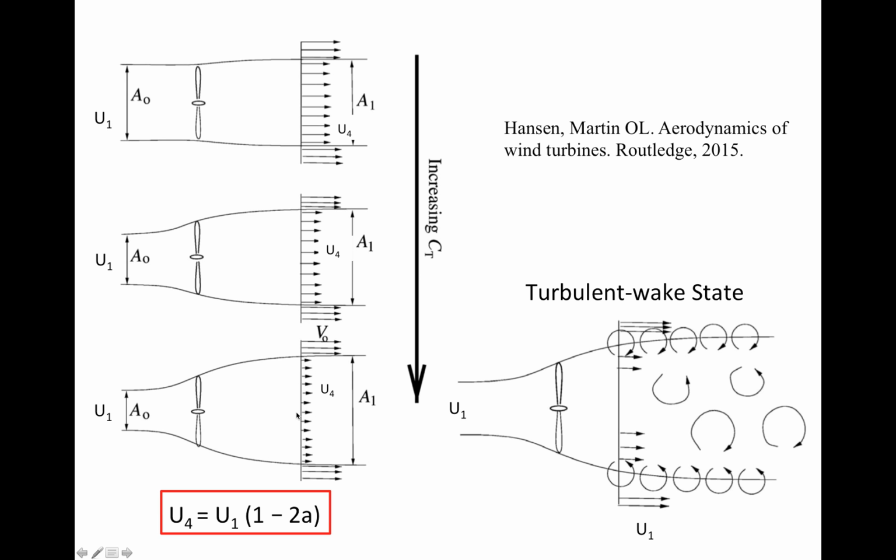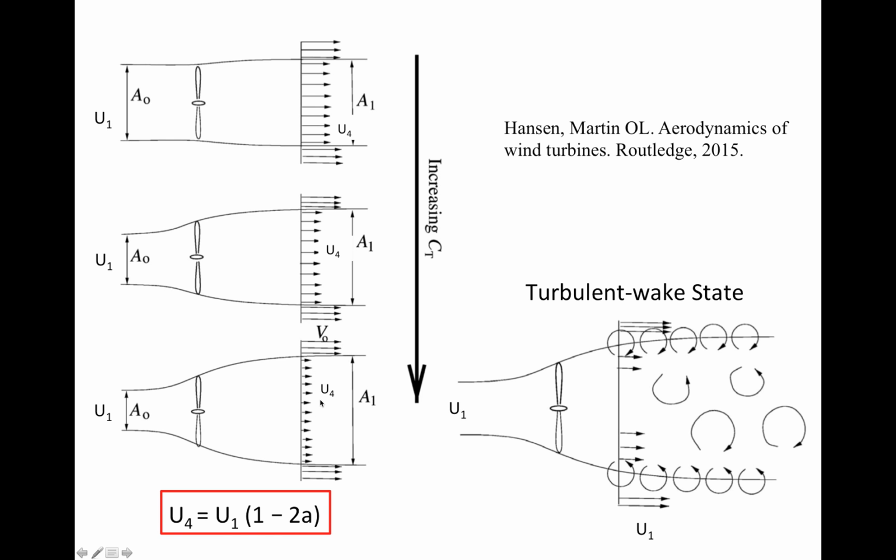As the velocity difference between the surrounding free stream wind and the wake gradually increases, there will be a free shear layer at the edge of the wake, and this free shear layer becomes unstable, and you'll get eddies.